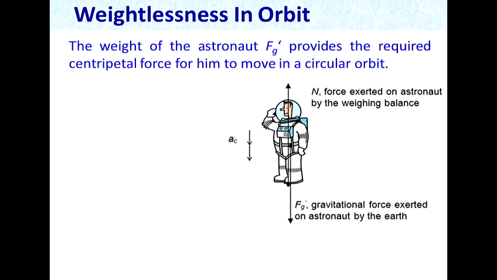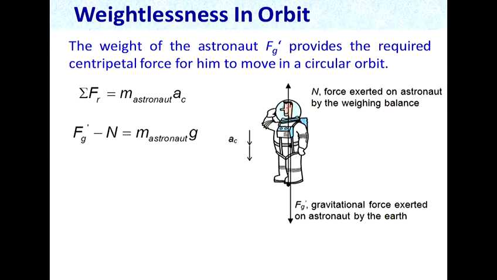Because the astronaut is in circular motion, he needs a force towards the center of the circle to provide the centripetal force. Looking at the two forces, the only force that can provide that centripetal force is the weight of the astronaut. So summation Fr is the mass of the astronaut times the centripetal acceleration of the astronaut.